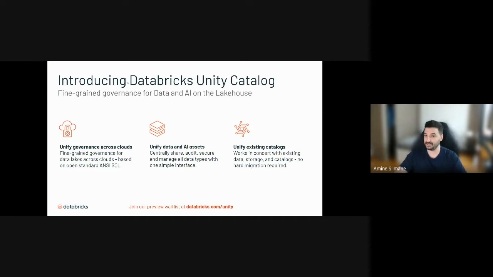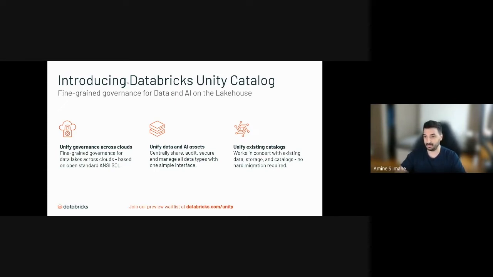It will unify data and AI assets. So you will be able to centrally share, audit, secure, and manage all data types with just one simple interface. And more importantly, not only data, but also other assets like models, for example. You will be able to govern models the same way that you would allow access to a specific data set.